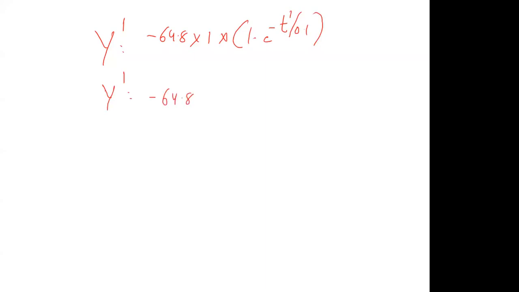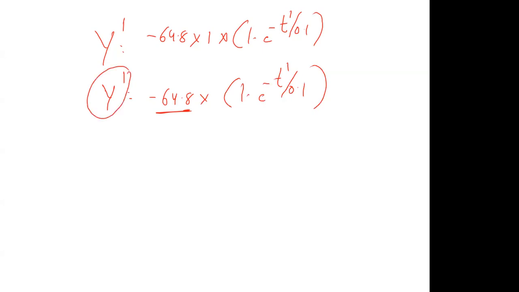So now Y prime is minus 64.8 into Kp, which is 1, into 1 minus e power minus t prime by 0.1. So Y prime is the step change into 1 minus e power minus t prime by 0.1. I am solving the pulse input also as a step input.